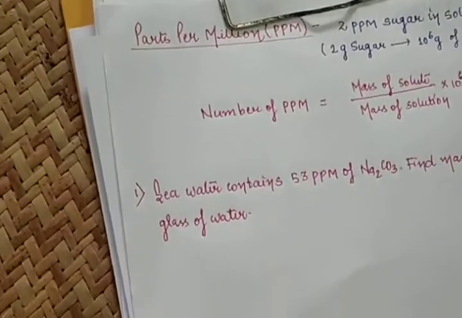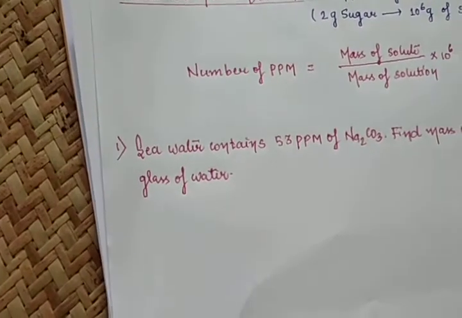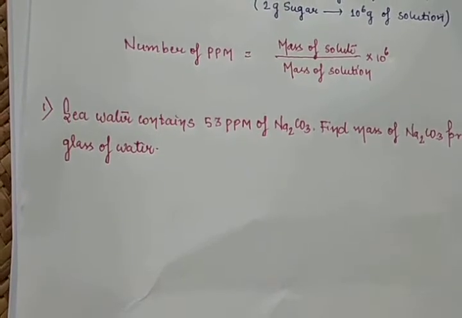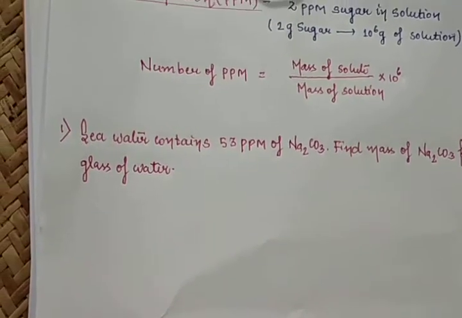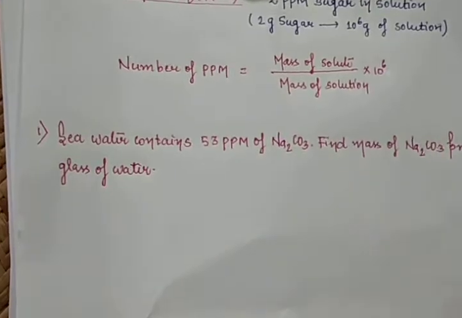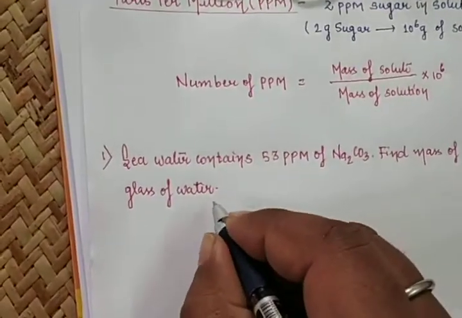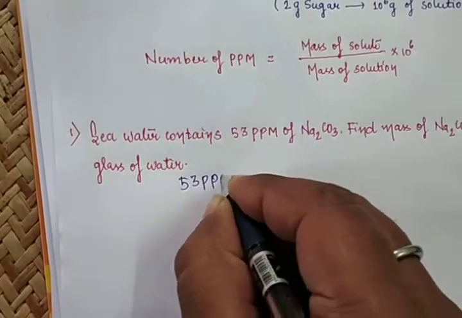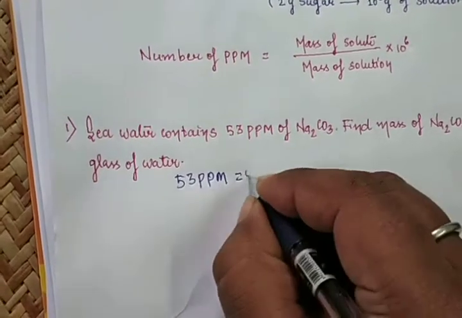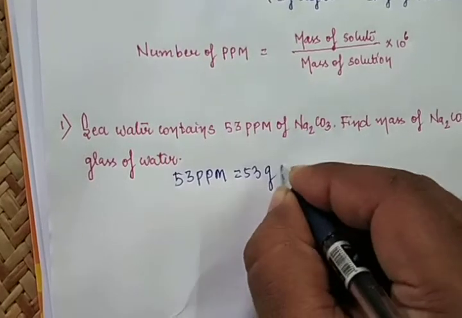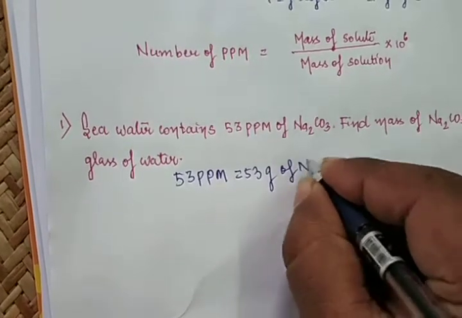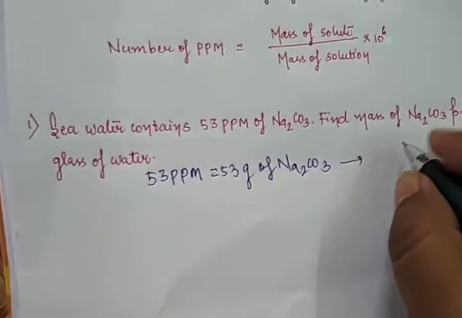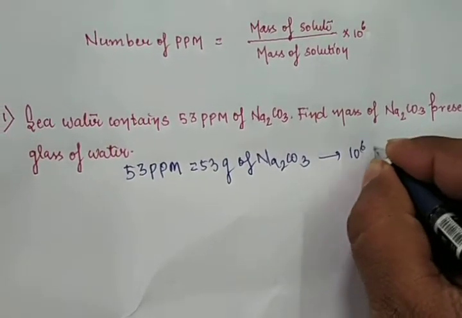So first you write down the meaning of 53 ppm. 53 ppm means 53 gram of Na2CO3 present in 10 to the power 6 gram of solution.